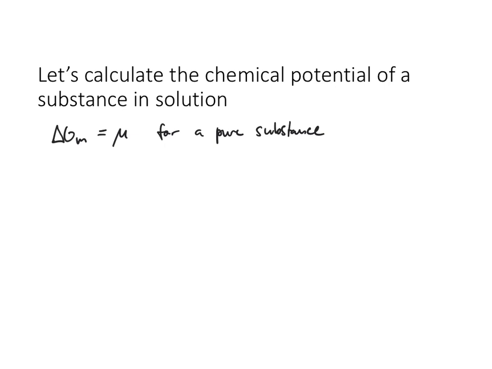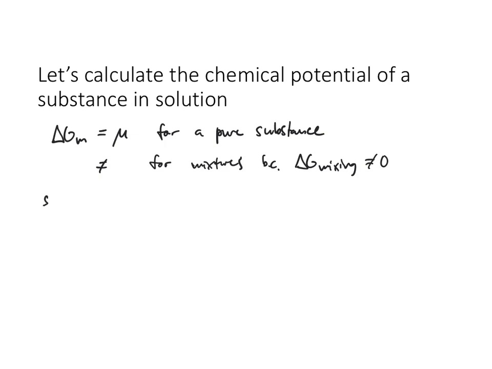Unfortunately, in this chapter, we can no longer make that assumption because we're dealing with mixtures and solutions. And we will see that this does not apply for mixtures because we're going to have a Gibbs free energy of mixing. And so that one is going to be covered in the next slide.